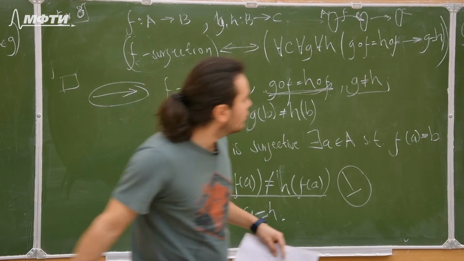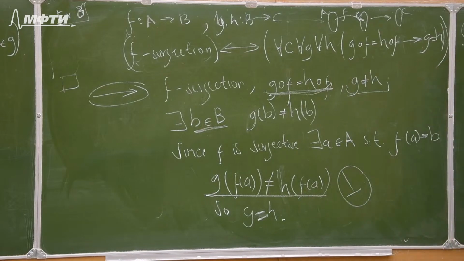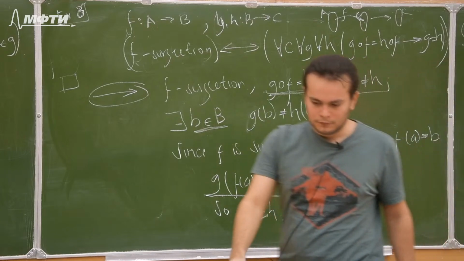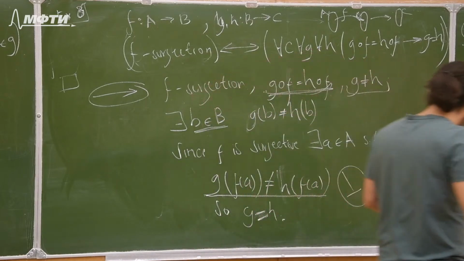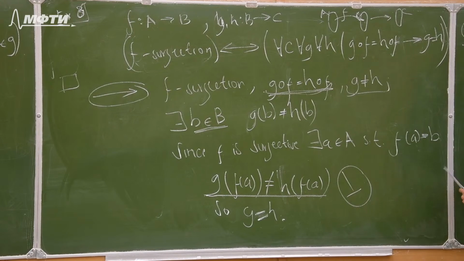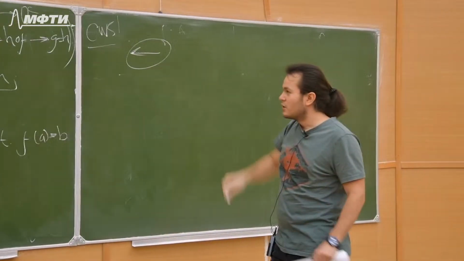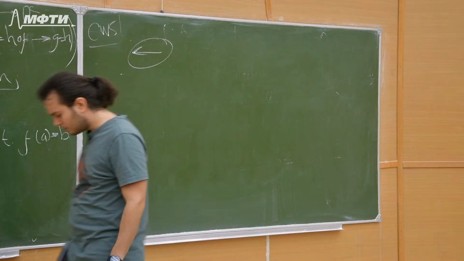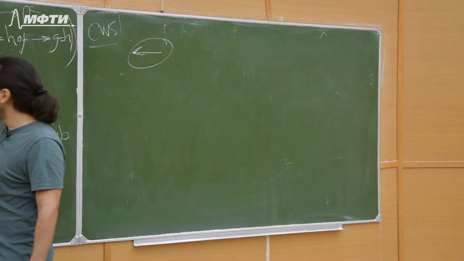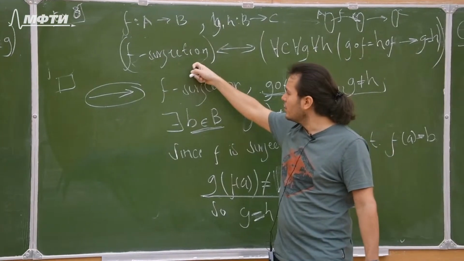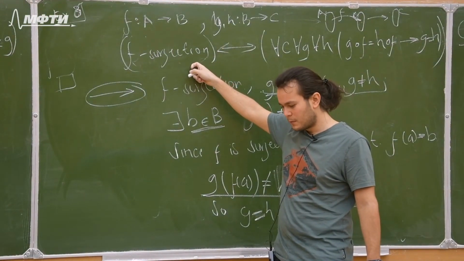So now let's prove it for the other direction here. Now let's prove for this direction. So we have to show that if this is true, then F is surjective, right?